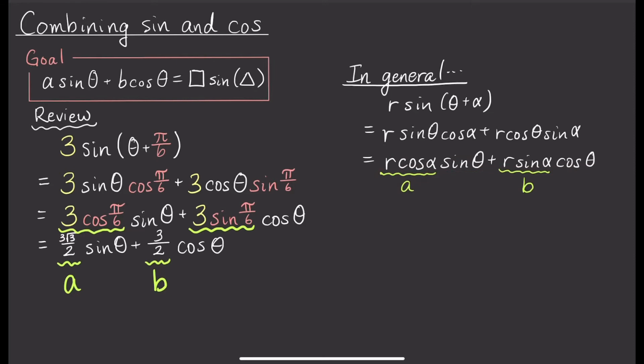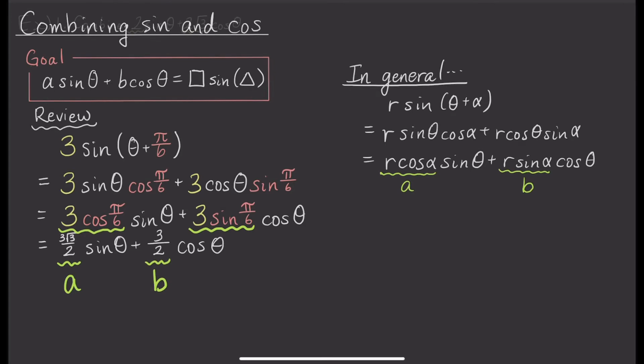Now, if we call r cosine alpha A and r sine alpha B, then we have the form A sine theta plus B cosine theta, and we can write that as r sine of theta plus alpha. In other words, we can combine these two trigonometric functions into one trigonometric function.